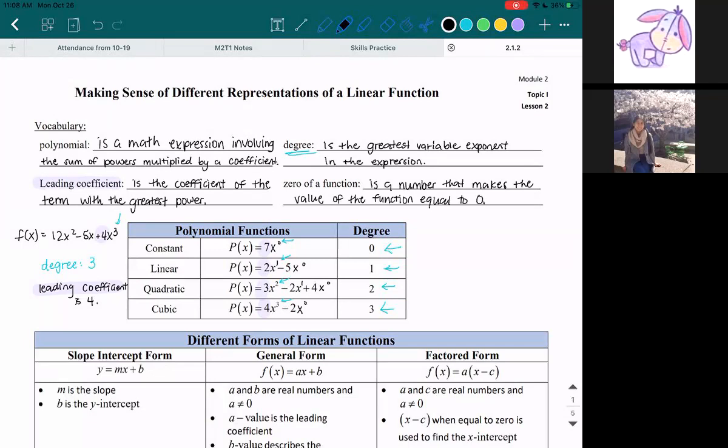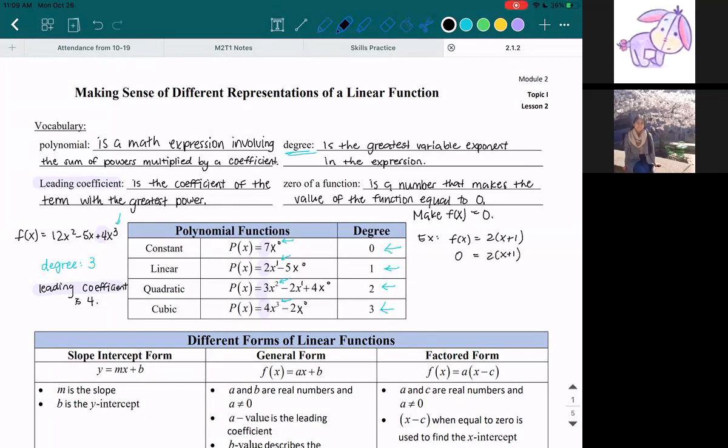That means make f of x equal to 0. Okay? So for example, if you have this equation, f of x is equal to 2x plus 1, and I say, find the zero, then you're going to replace the f of x with 0.